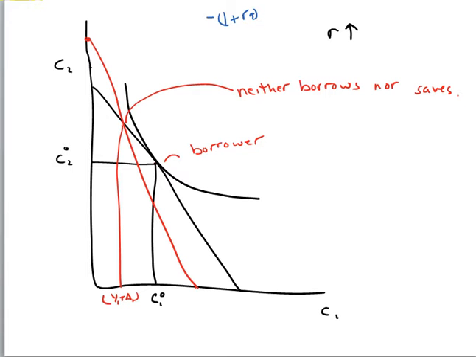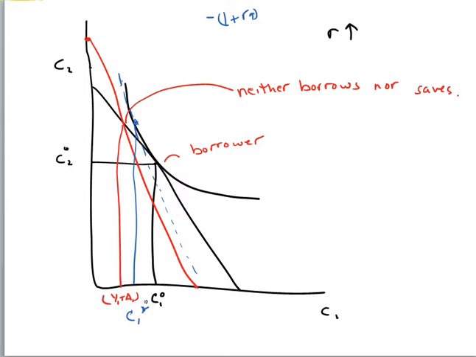How do we identify final consumption? Well, we know that when interest rates rise, interest rates are like a price change. So there will be a substitution effect and an income effect. So let's draw a line tangent to the original indifference curve, parallel to the new budget constraint, and label this C1 star.